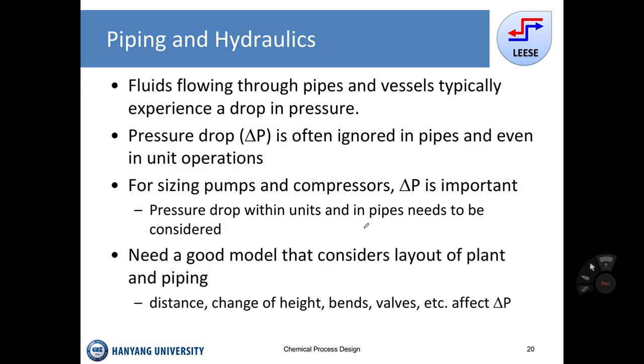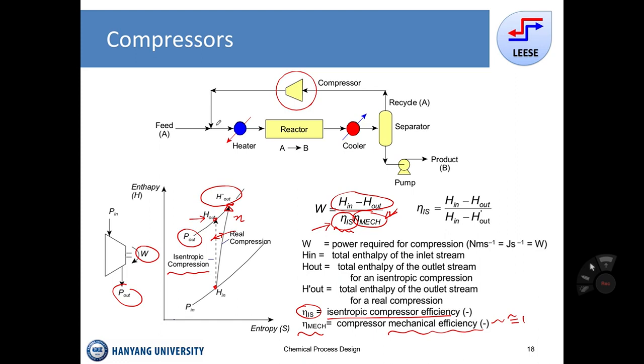Once we have that, we need to consider piping and hydraulics. The feed is brought in probably through a pipe. Between the reactor and the separator, we probably have a pipe.